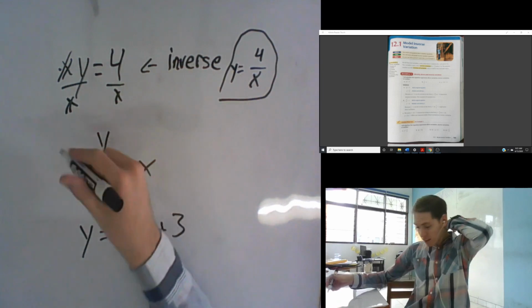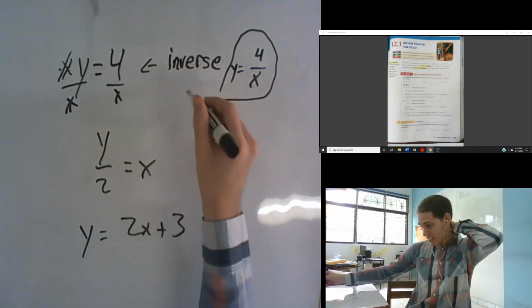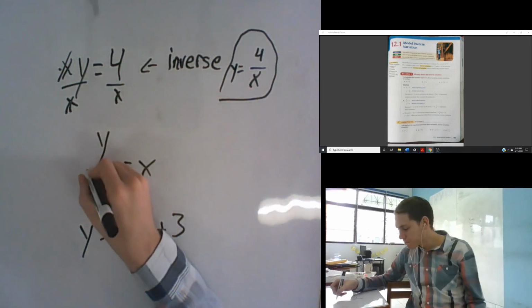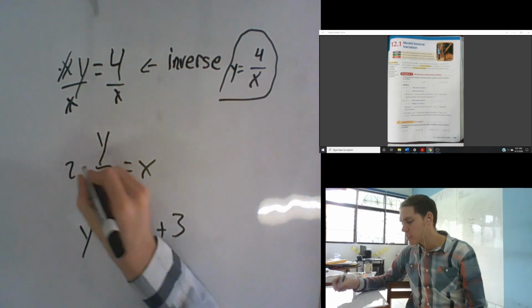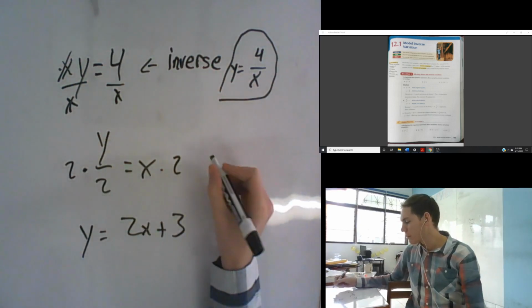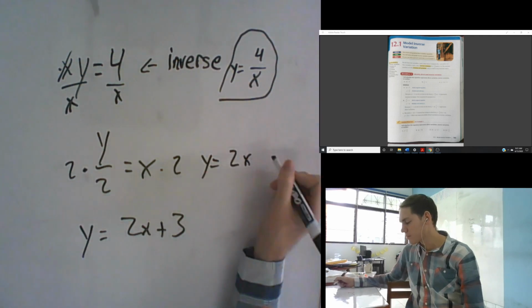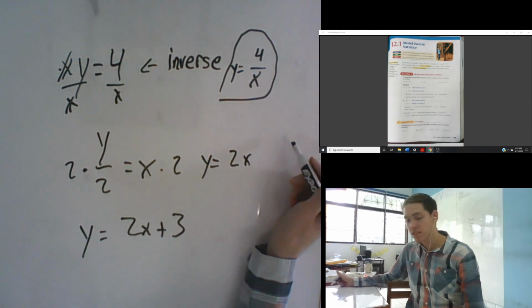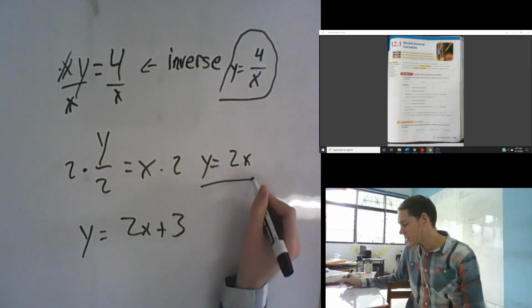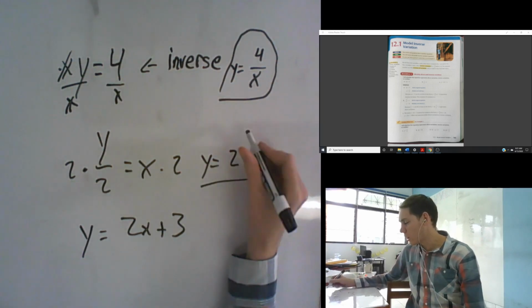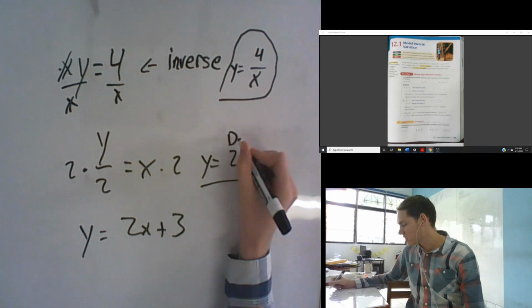This one looks like an inverse, except if we multiply both sides by 2, which we're allowed to do, we get y equals 2x. Now what format is this in? This is direct, right? x and y are equal parts, so this is direct.